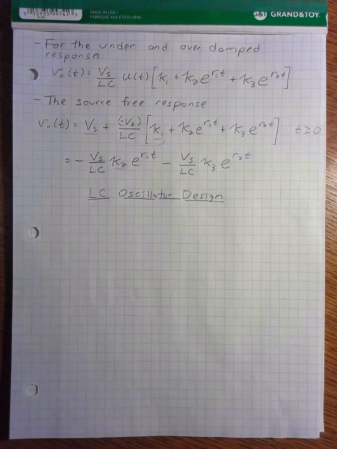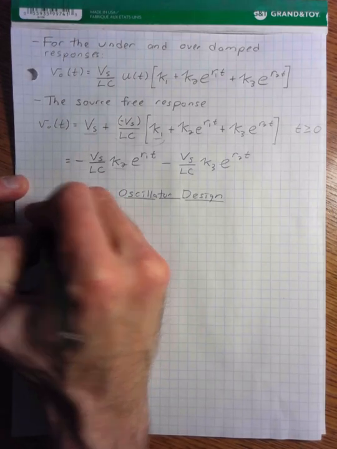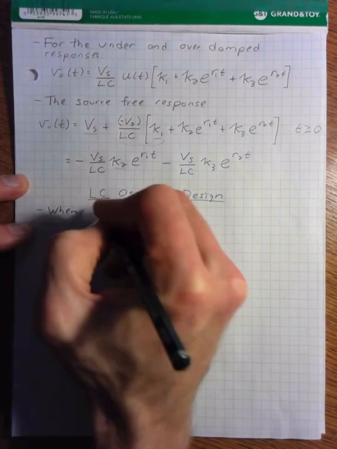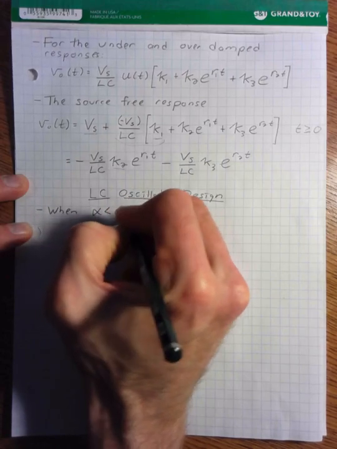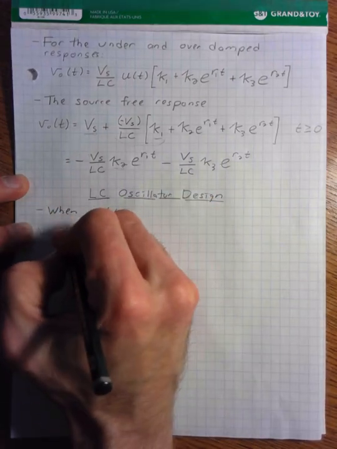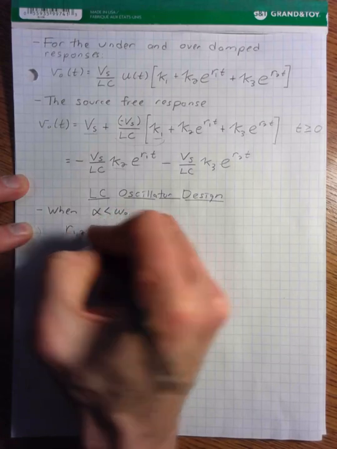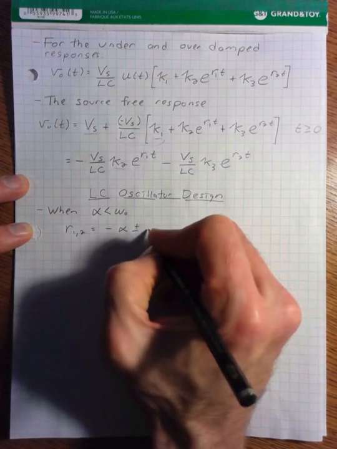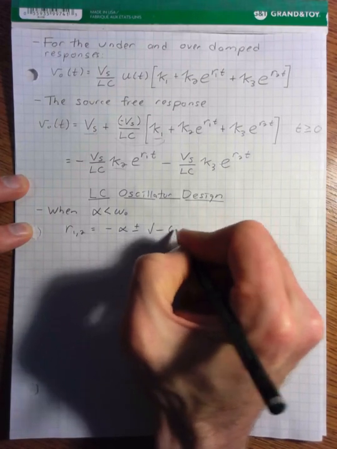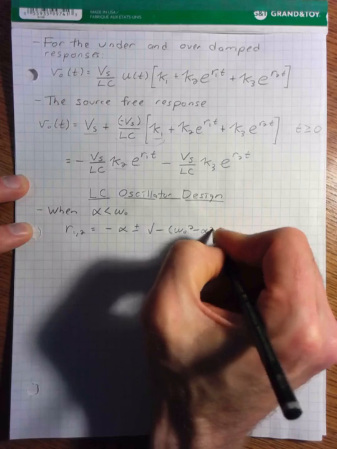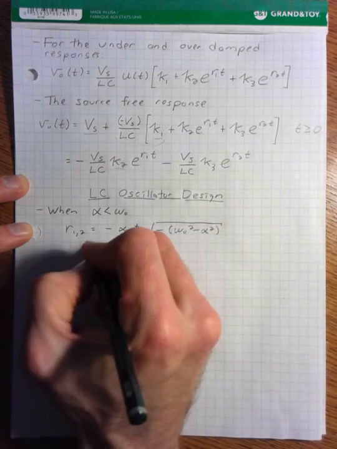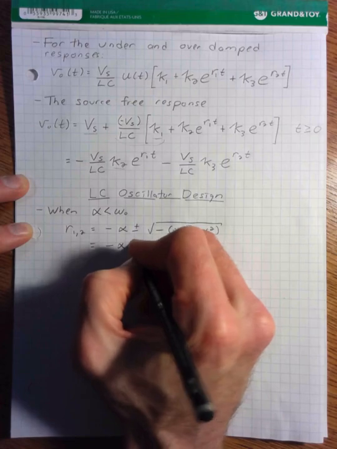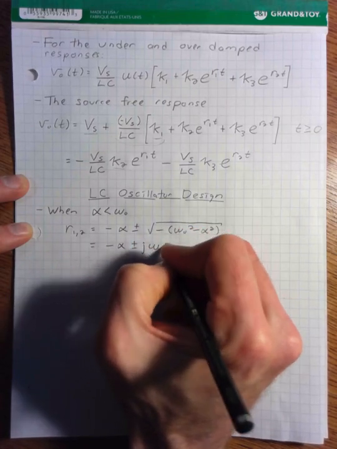And so we know that in the underdamped case, we can write our roots as follows. When alpha is less than omega naught, our roots R1 and R2 can be expressed as minus alpha plus or minus the square root of negative omega naught squared minus alpha squared, or in other words, plus or minus j omega d.